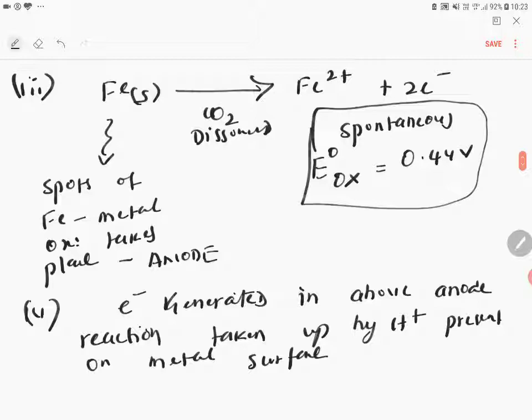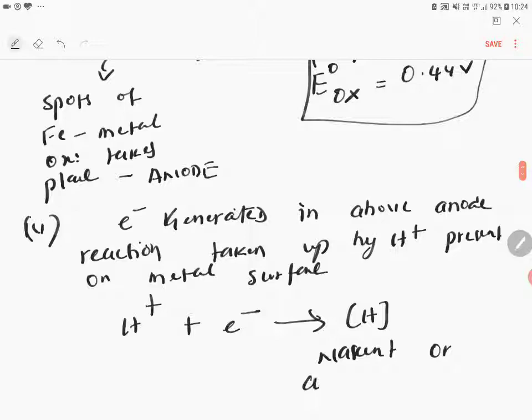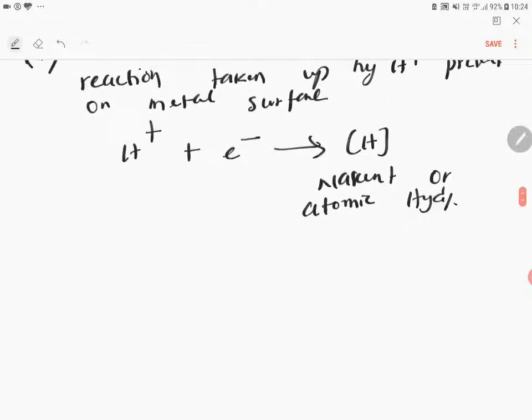Therefore, this H plus ion receives these electrons to form nascent or atomic hydrogen.